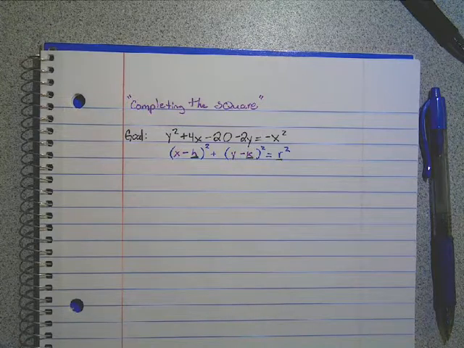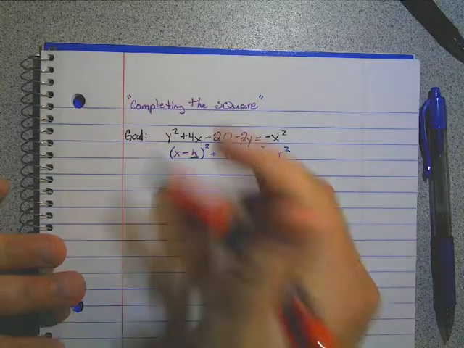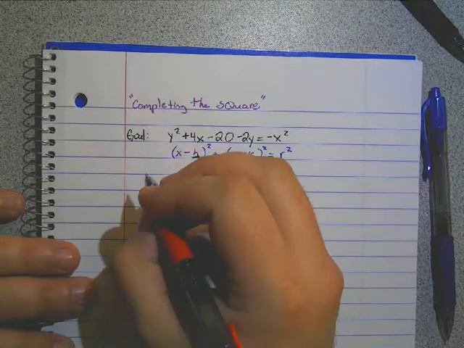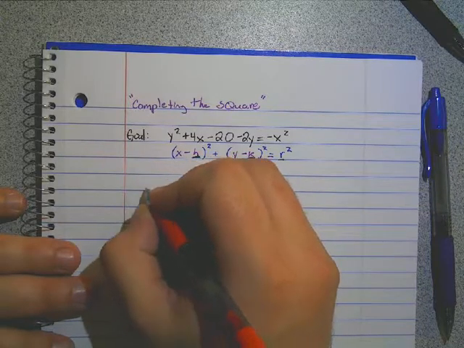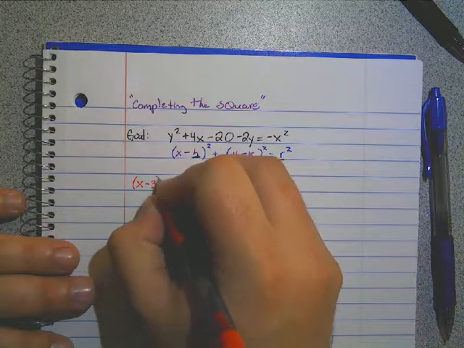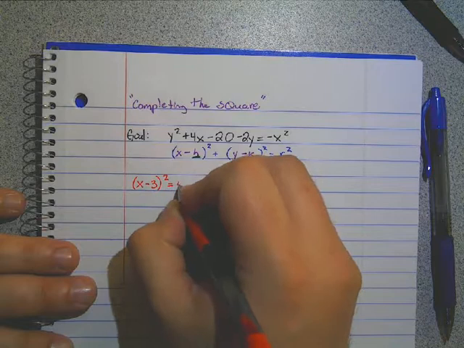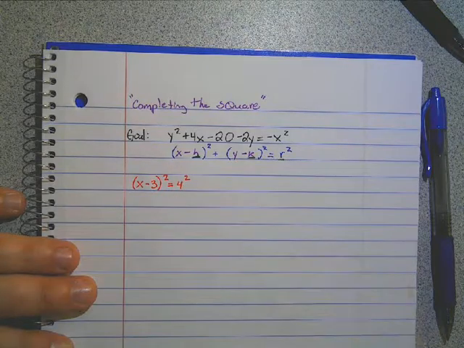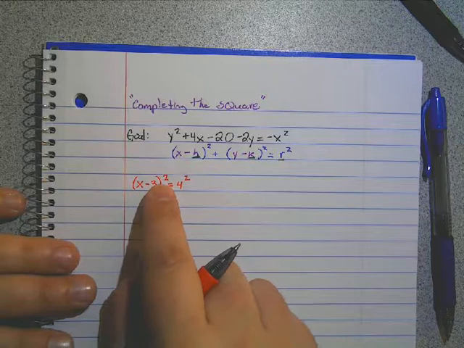So let's look at some examples of what's going on in these problems. If I start with a practice problem, let us say, for instance, how about we go from x minus 3 squared equals 4 squared. Doesn't really matter. Let's just take a look at what happens in this problem.